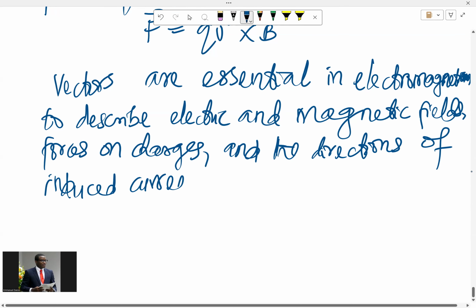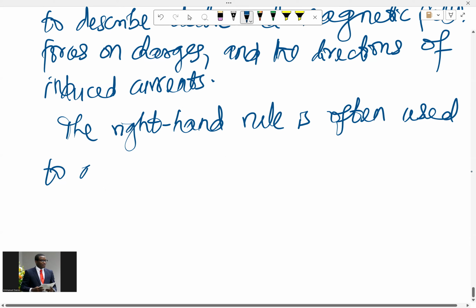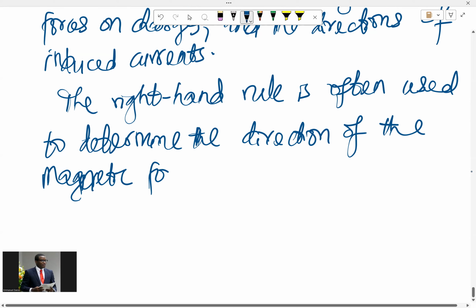The right-hand rule is often used to determine the direction of the magnetic force on a moving charge.